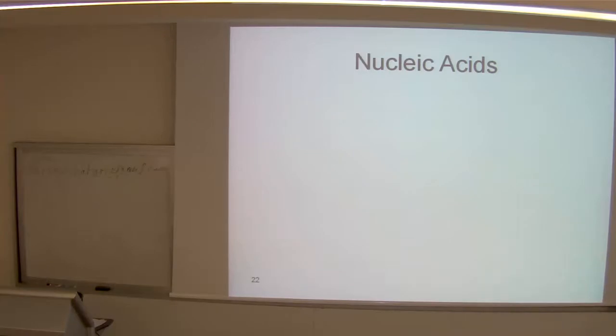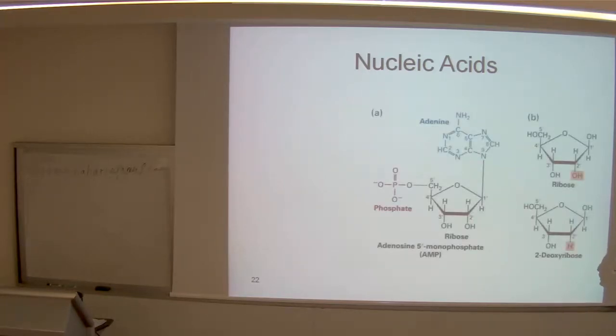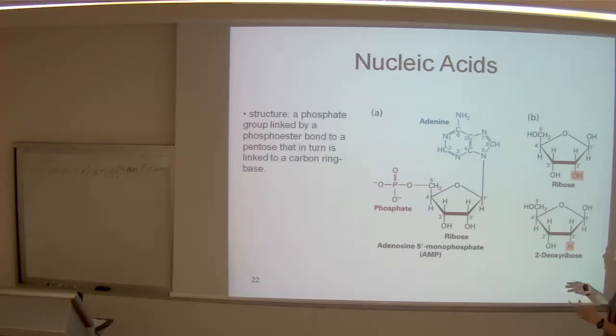I'm adding 2 names. Okay, so nucleic acids. We continue with nucleic acids as another level of building blocks that comprise polymers. As in the case of amino acids, here too we have a general structural principle, and then we have a component that differentiates between different nucleotides.